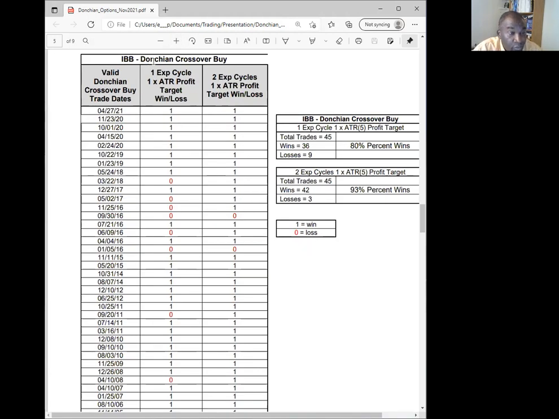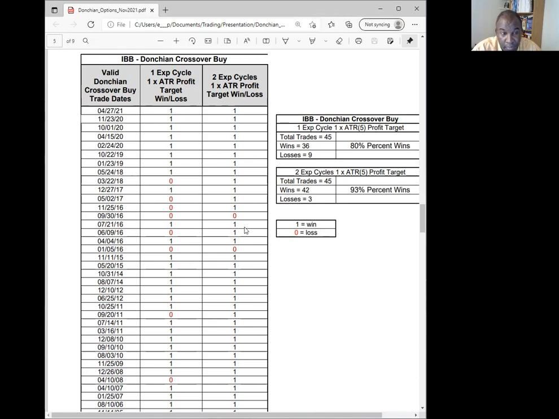So I know that if I'm going to buy IBB calls with the Donchian crossover buy strategy, if I do 1 expiration cycle, I'm going to expect 80% winning trades historically. However, if I do 2 expiration cycles, 93% of the time, the target will be reached before expiration.